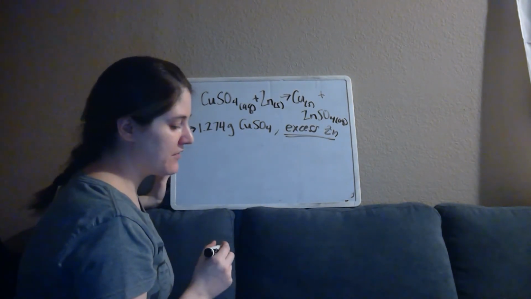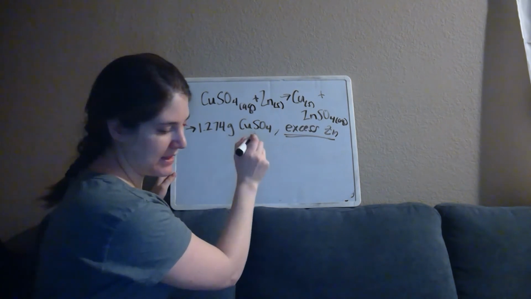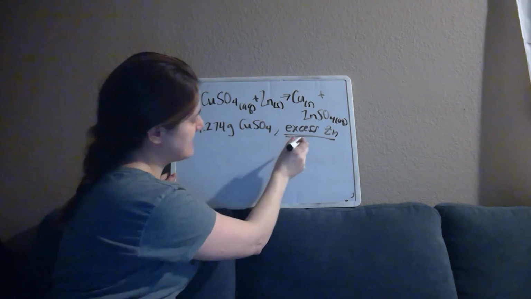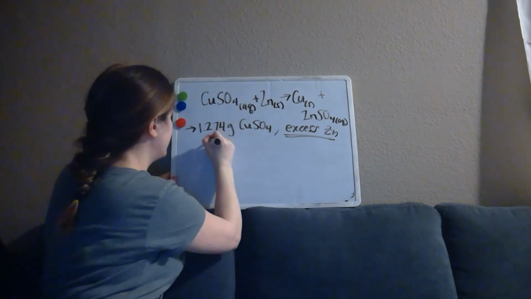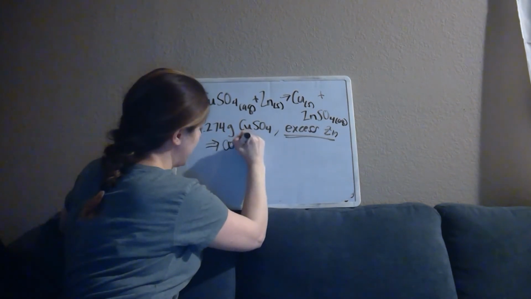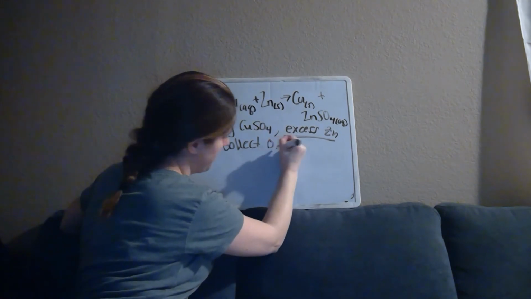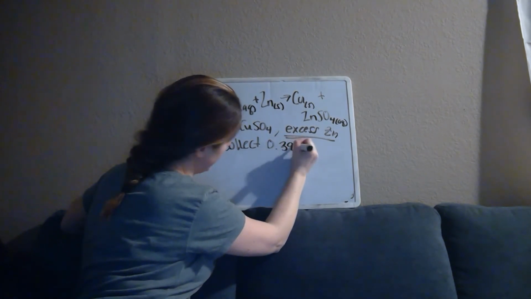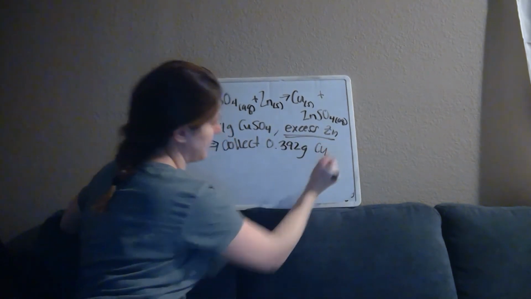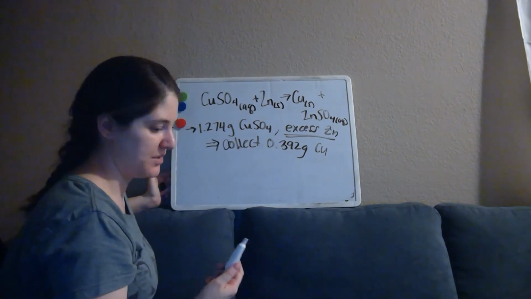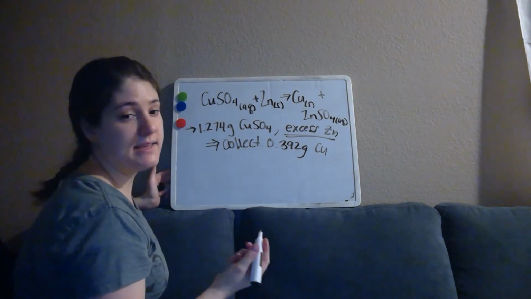So it's 1.274 grams of copper sulfate in the presence of excess zinc. You run this reaction and you collect 0.392 grams of copper. So that's the amount of product that you actually get. What is the percent yield?